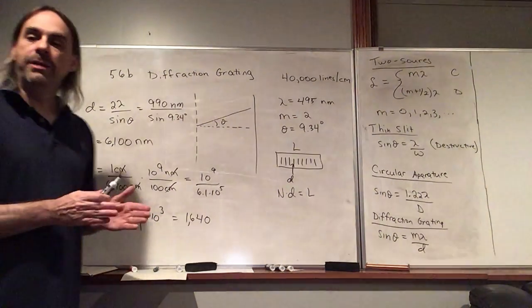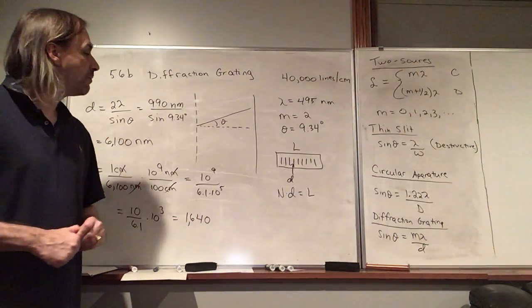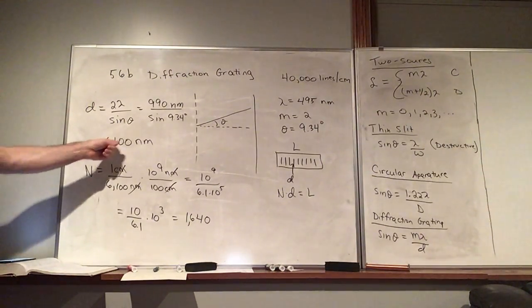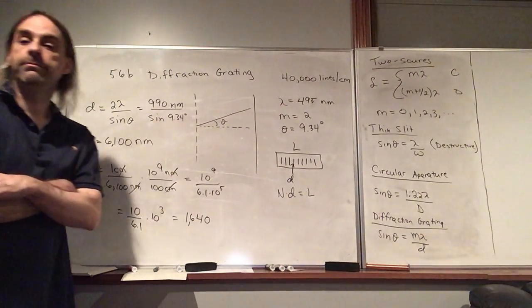So in a 1 centimeter diffraction grating, that's how many lines you would have. So the spacing between them is very small. This would be 6.1 micrometers if you wanted to make the prefix a little bigger. But it's roughly 1,640 lines per centimeter.